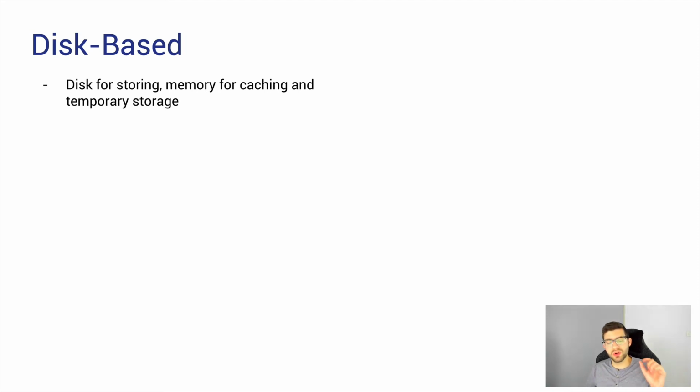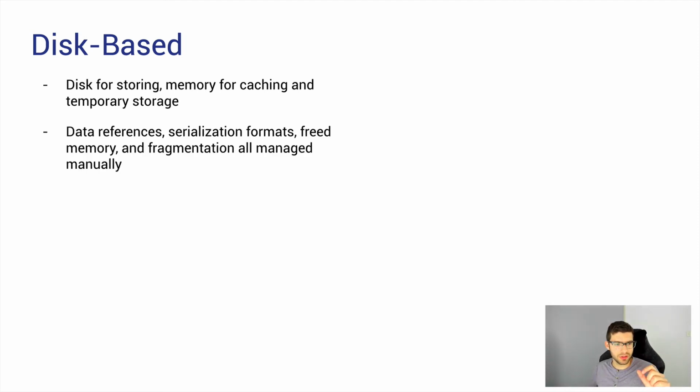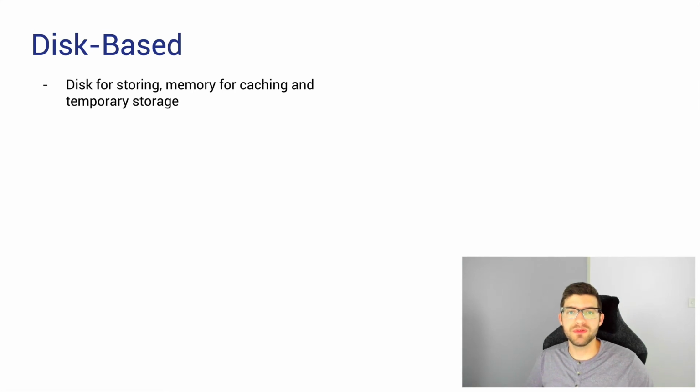Now, a real-world example of this is Neo4j. If you've never heard of or used Neo4j, it is a graph database, which is a different type of database from one that is traditionally used, such as a document database or a relational database. But Neo4j is known for using high amounts of memory.